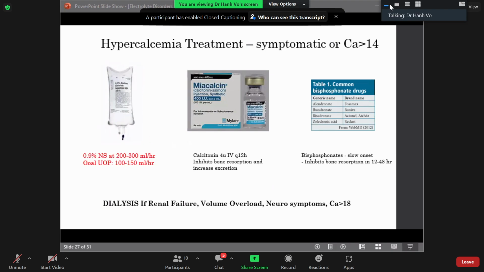For hypercalcemia treatment, we will give 0.9% sodium chloride IV at 200 to 300 milliliters per hour to maintain the urine output of 2 liters per day. If hydration is inadequate, consider giving calcitonin to further decrease the patient's calcium level, at units per kilogram intramuscular or subcutaneous every 12 hours.